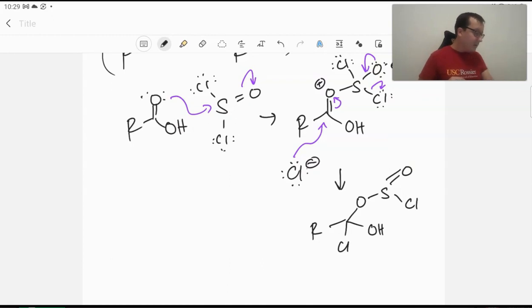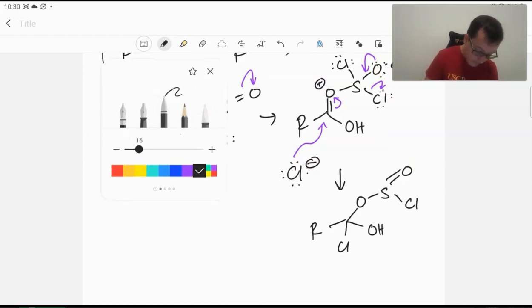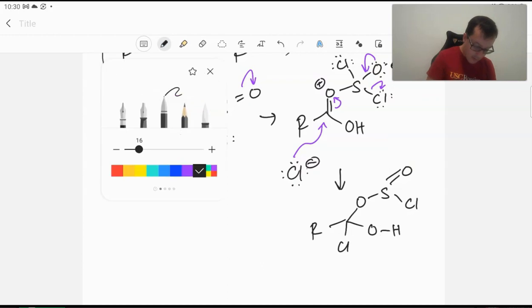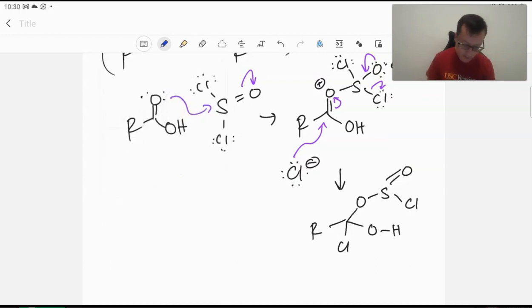Right, so here we go. What's going to happen next is we have this lovely leaving group here. We're going to have another one of our dear chlorides come around. Oh wait, why did I have this attack nucleophilically?